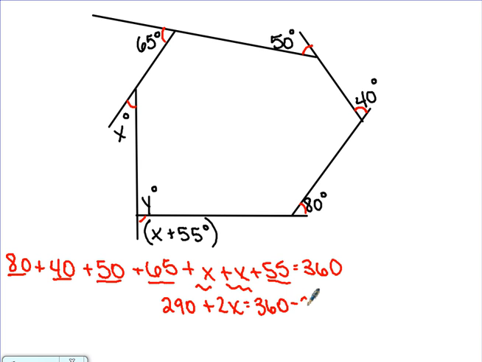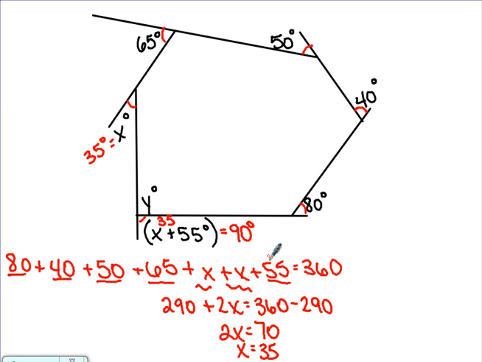Subtract 290 from both sides. We're left with 2x is equal to 70, which means that x is equal to 35. So this angle here is 35 degrees, which means that this angle here is 35 plus 55, which is going to be 90 degrees.